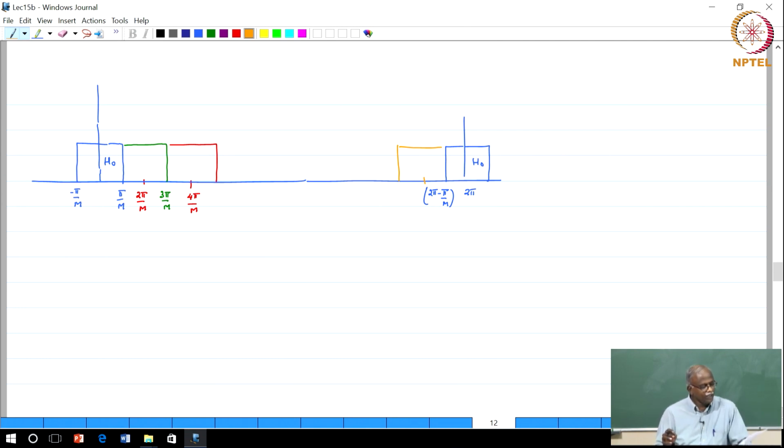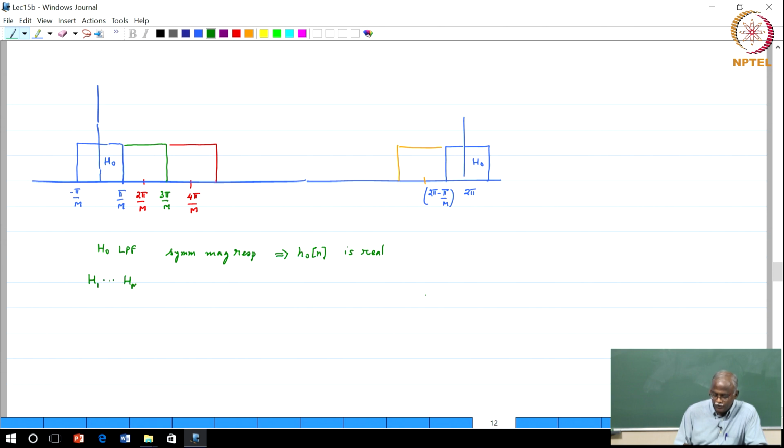Now, some very interesting observations, and then how we can take it up from here. If H naught, as we have drawn it, is a low pass filter, it has a symmetric magnitude response, which means that H naught of n is real. Not that it is important, it is just an observation. Along the same lines, what can you tell me about H1 to H M minus 1?